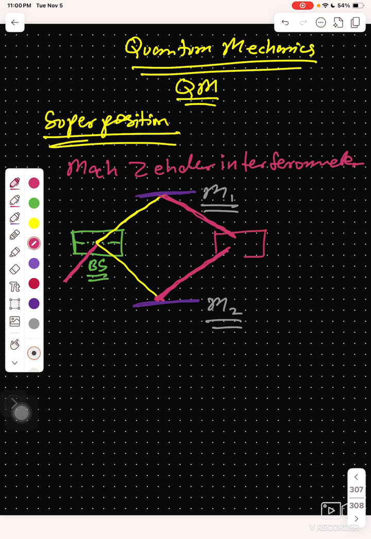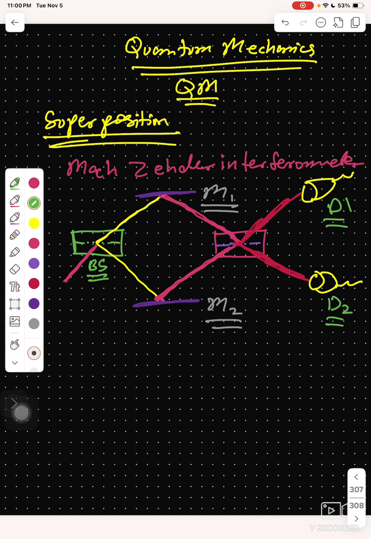Then again it's split, one goes to the top and one goes to the bottom. And here we want to detect them, so we have two detectors, D1 and D2, detector 1, detector 2.